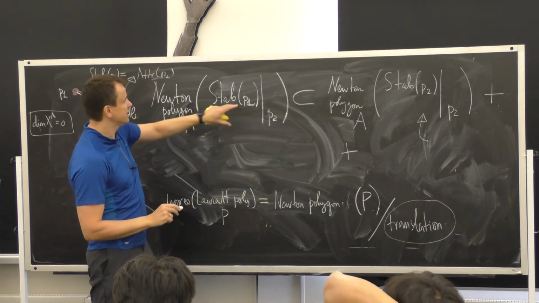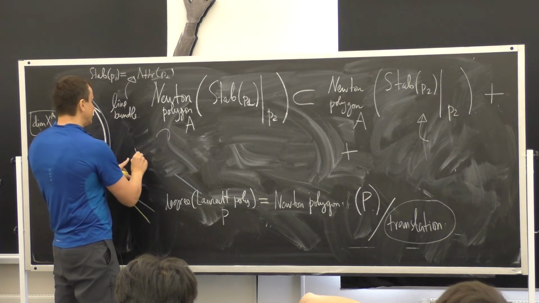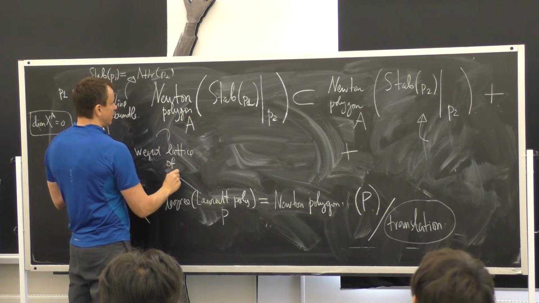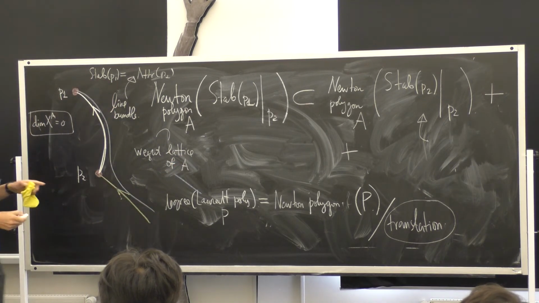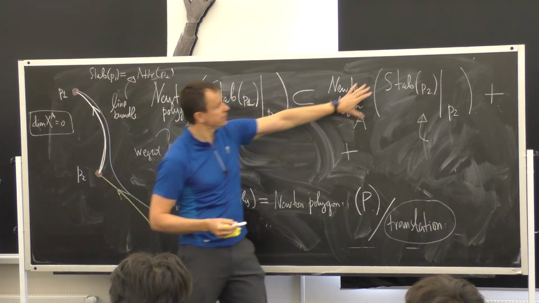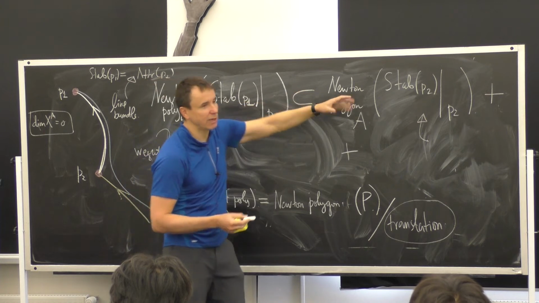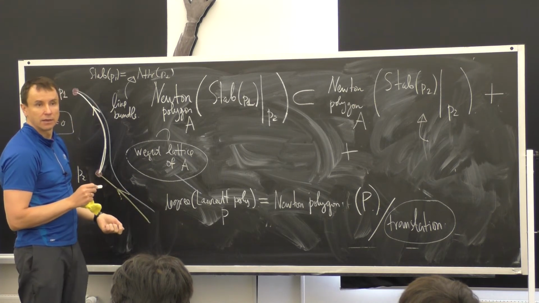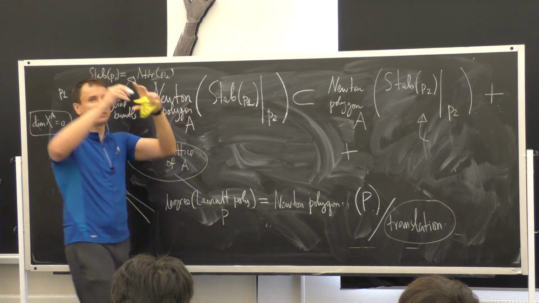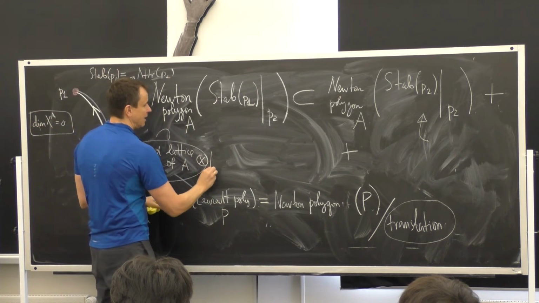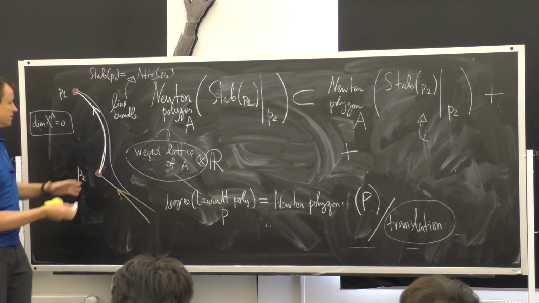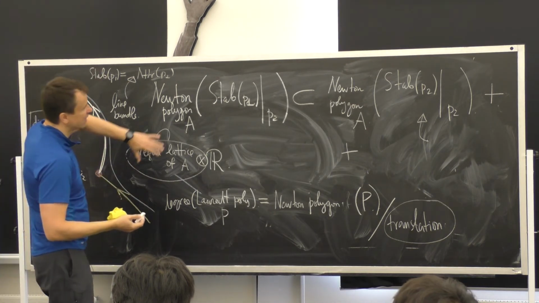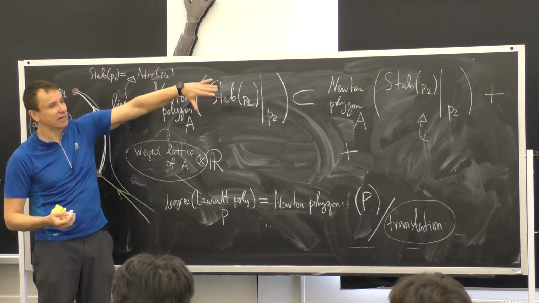This Newton polygon sits in the weight lattice of A. And we want to shift this polytope relatively by some weight of A, or if I really want a polytope, take this weight lattice and tensor it with R, so it's really something solid. We would like to shift one with respect to another.